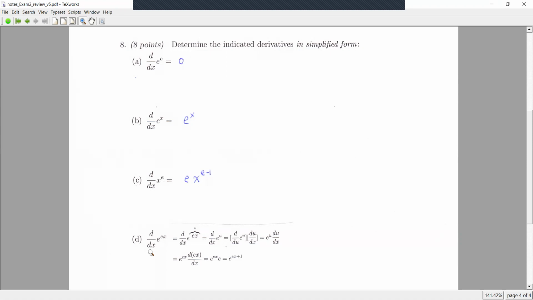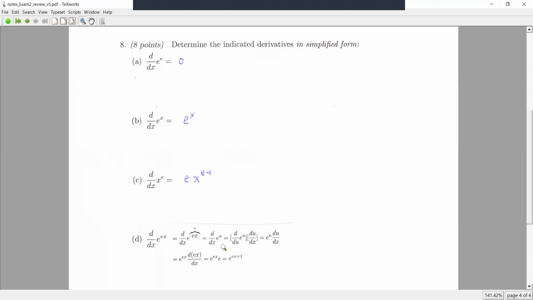Part D. The derivative of e to the e times x. To compute this derivative, we need to simplify the function. I let u denote the power e times x. Then the function becomes e to the u.